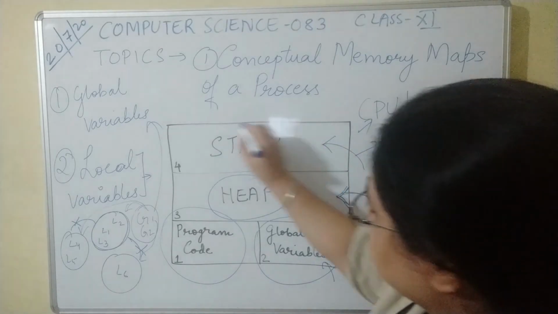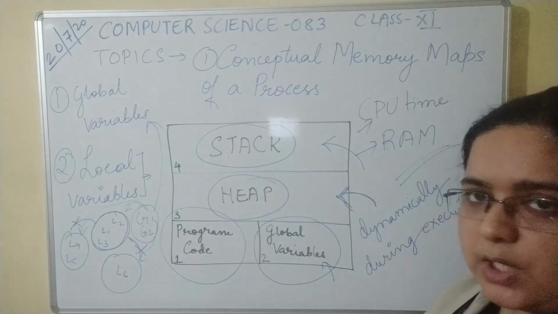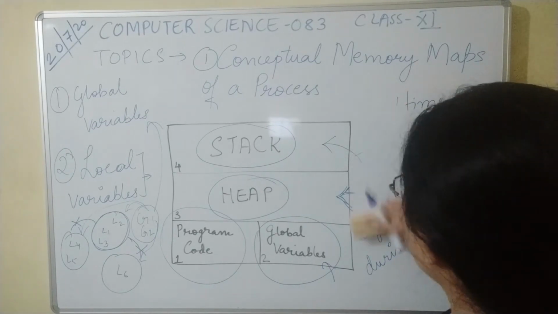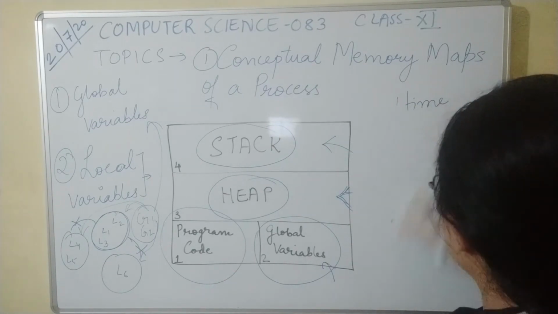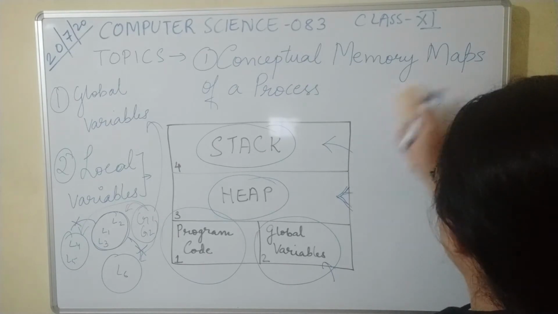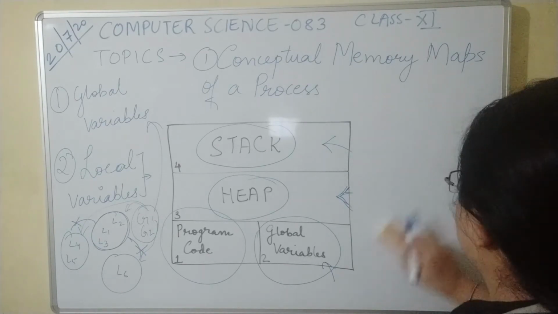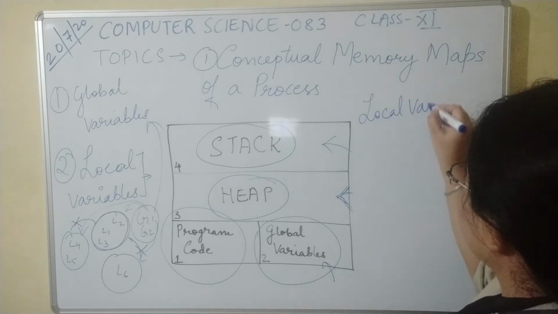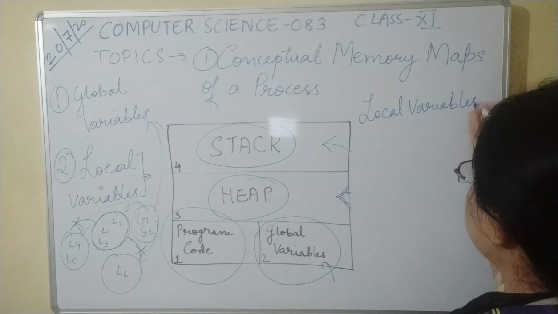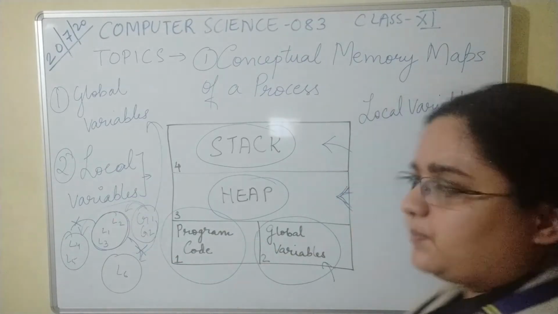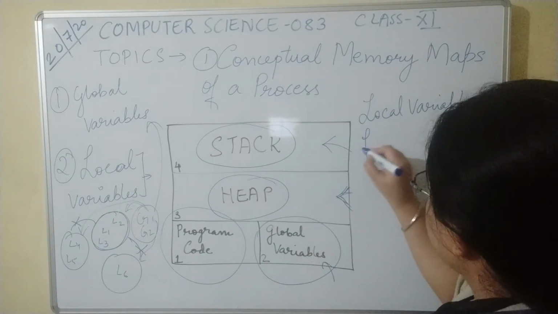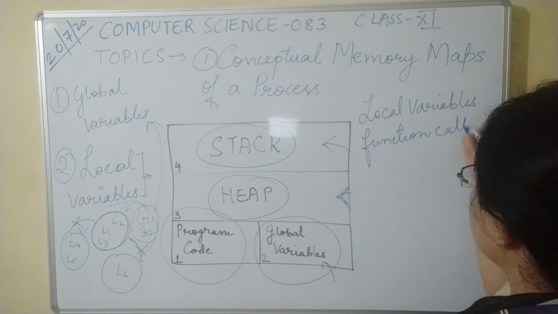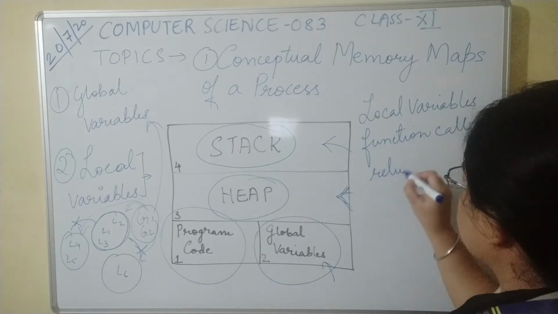Next is stack. Now what does stack contain? Normally there are various things in a program which need to be stored. For example, the local variables, which are used within each of these functions, function calls, return addresses.